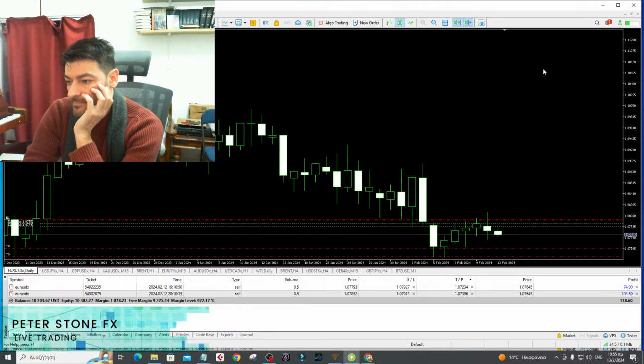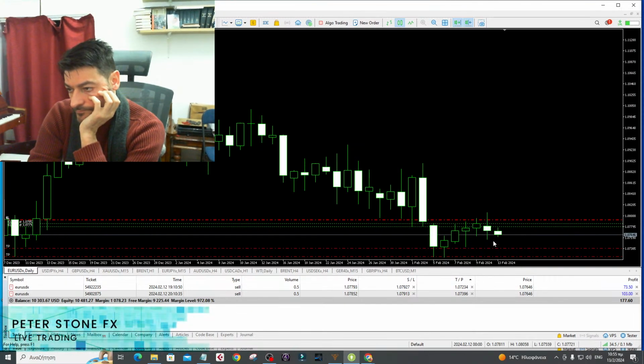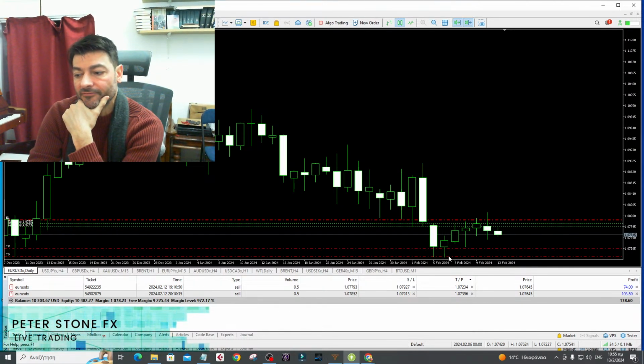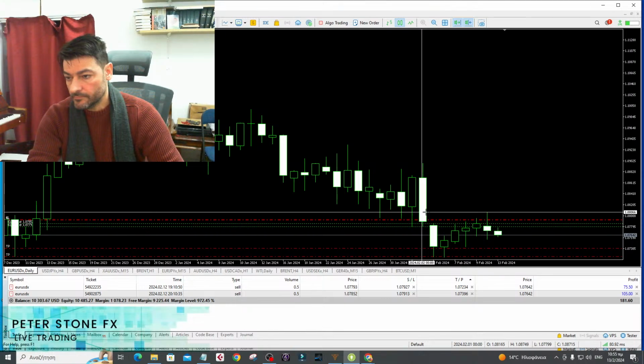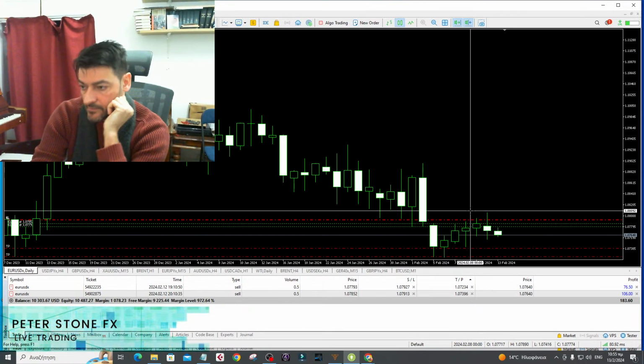So I am anticipating going downwards, because here you don't have a swing low, you have equal lows. And I believe after we hit this level, which is a bearish order block, boom, we hit here.